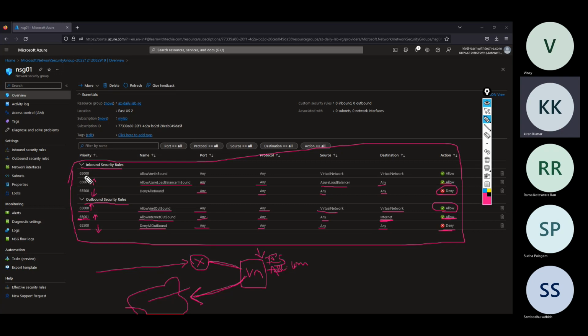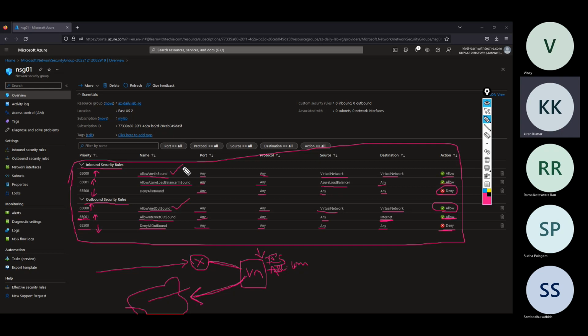And the first rule, 65,000. Compared to these numbers, it is the lowest number, highest priority. So it says all VNet inbound, any port number, any protocol, virtual network to virtual network, and allow it. Previously we discussed virtual network to virtual network outbound, here now inbound.